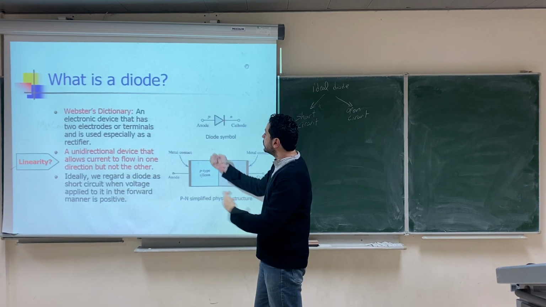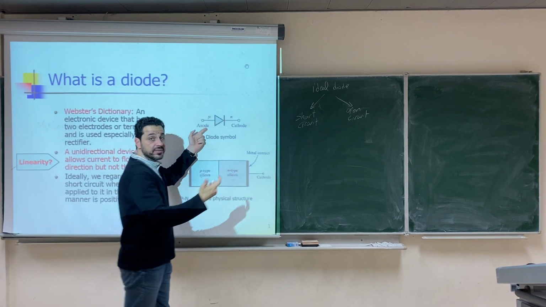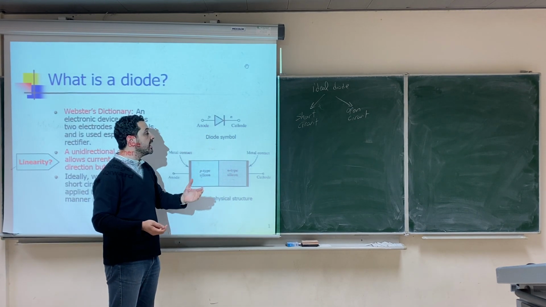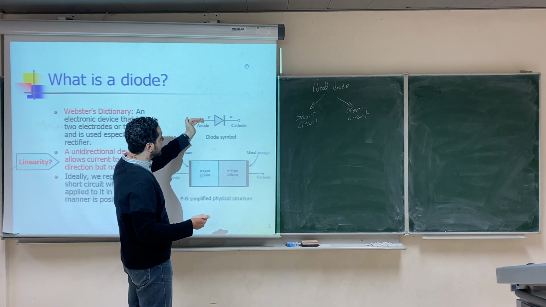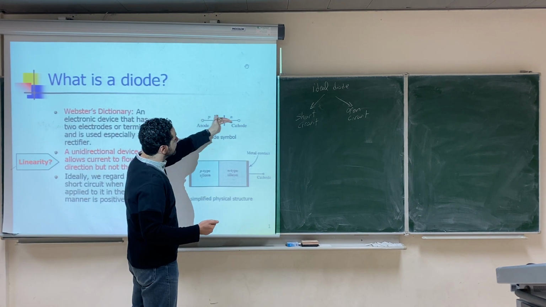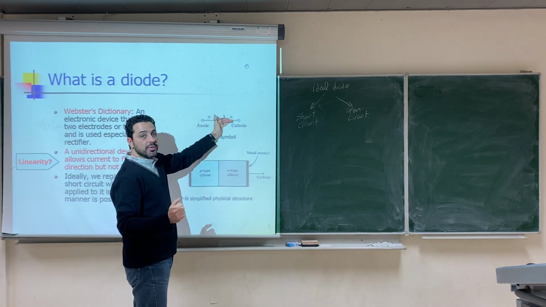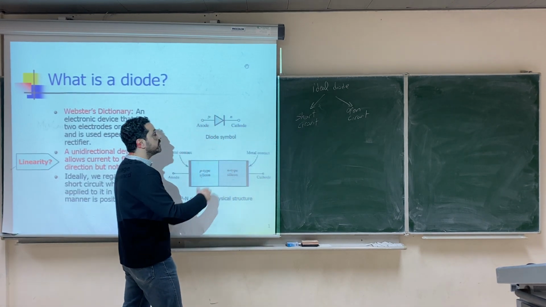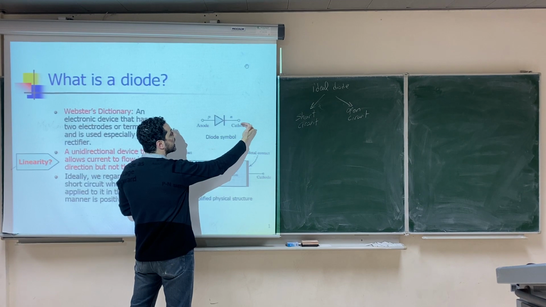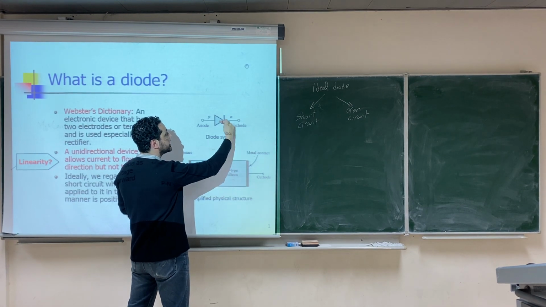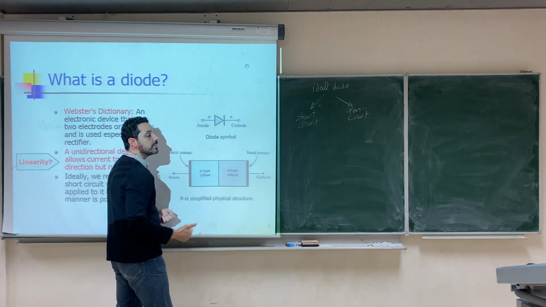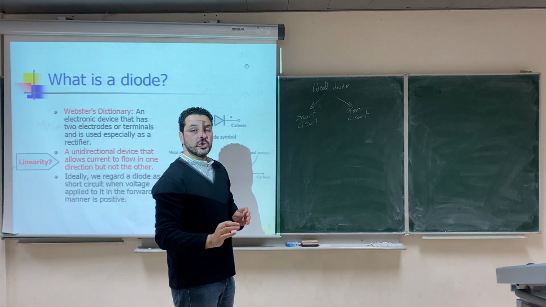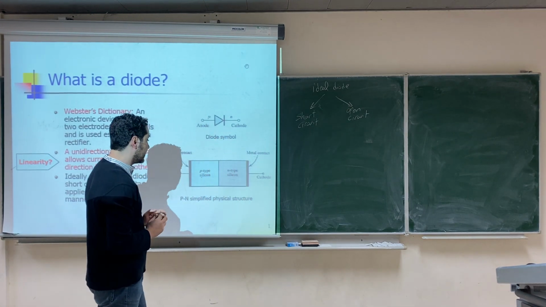If you try to push the positive current, and this is the current that we always use, from the positive to the negative, the diode will allow you, and it works as a short circuit. But if you try somehow to push the current in the opposite direction, against the arrow, from the negative to the positive, then the diode will not allow you to do that, and it works as an open circuit.